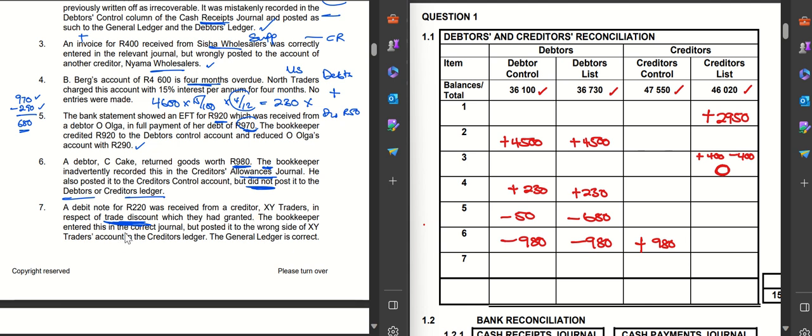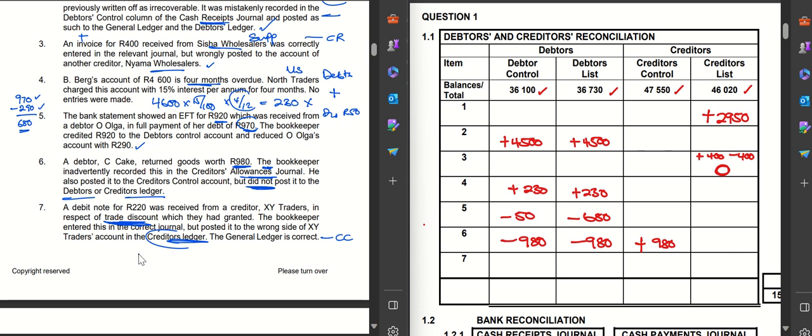The bookkeeper entered this in the correct journal, that is the CAJ, but posted it to the wrong side of XY Traders in the creditors ledger. The general ledger is correct. The general ledger, we're talking creditors control. Creditors control is correct, so it is the creditors ledger that is incorrect. In the creditors ledger, we posted it to the wrong side.